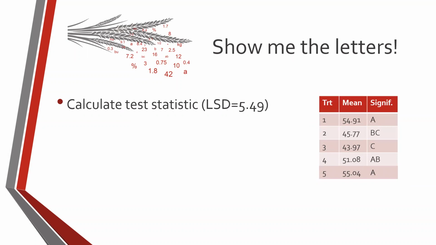The first step typically is that a test statistic is calculated to perform the actual comparison of the means. We're going to take the computationally easiest of the mean comparison tests, the LSD. In our case, the LSD test statistic ends up being 5.49 for this data.